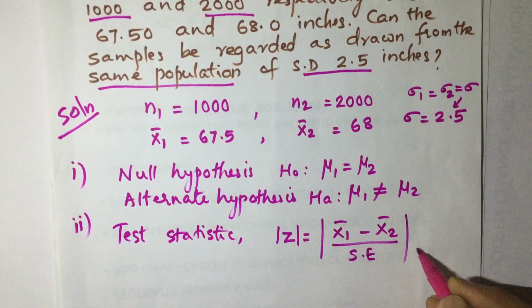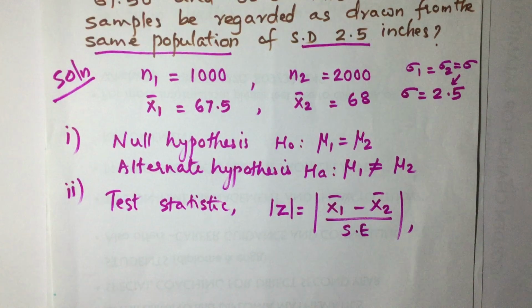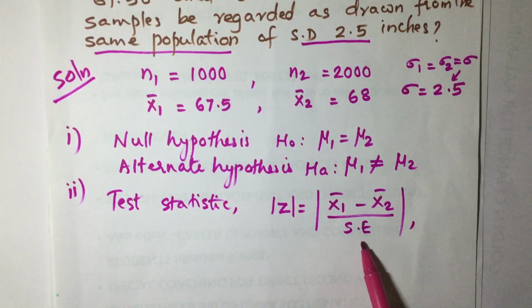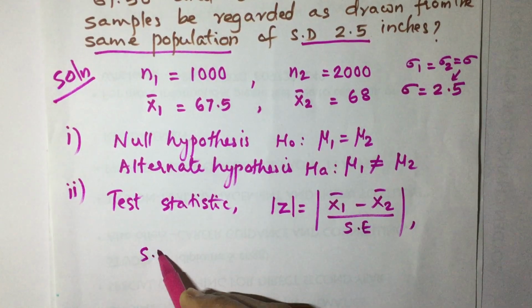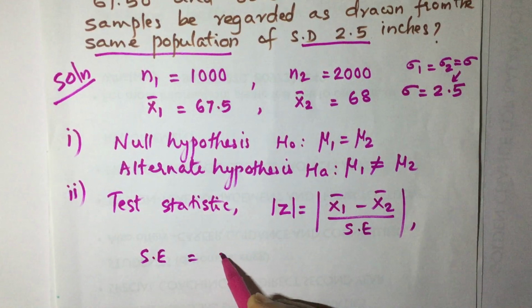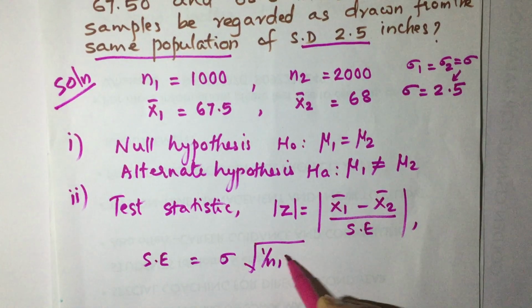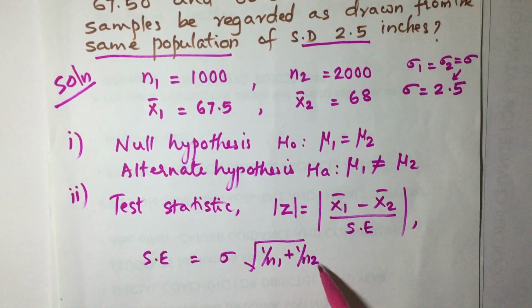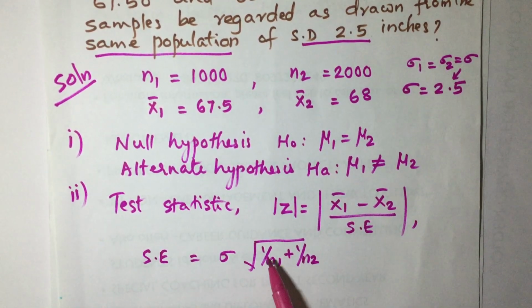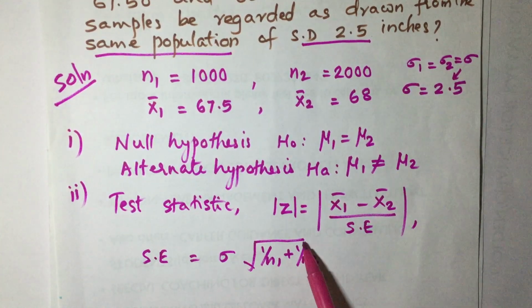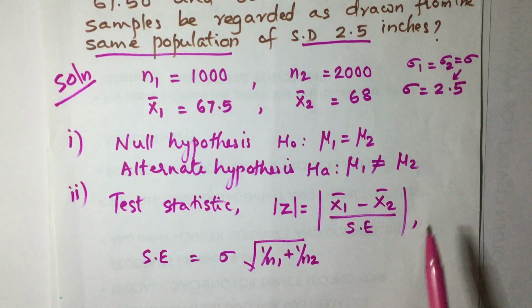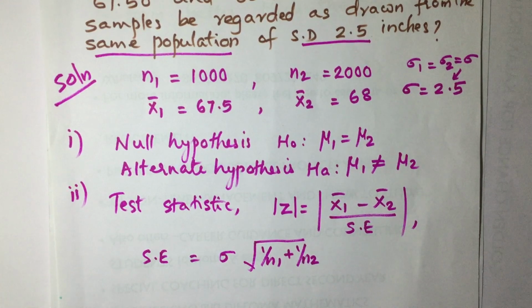The formula is the same for all three cases, only the standard error formula differs. Here the standard error is sigma times the square root of 1 by n1 plus 1 by n2, because it is sigma 1 square upon n1 plus sigma 2 square upon n2, but sigma 1 and sigma 2 are equal. I hope you remember that formula.